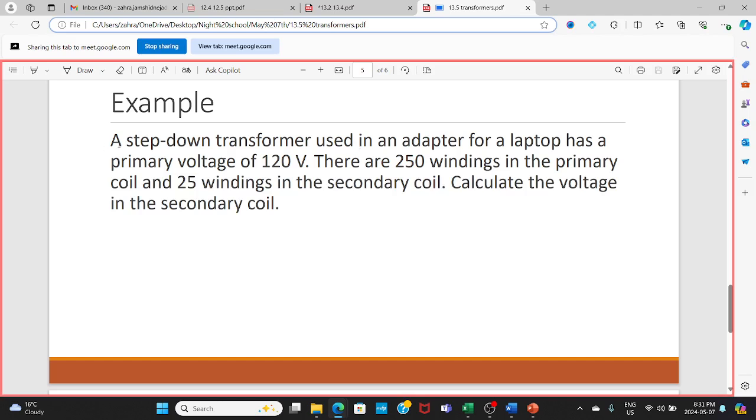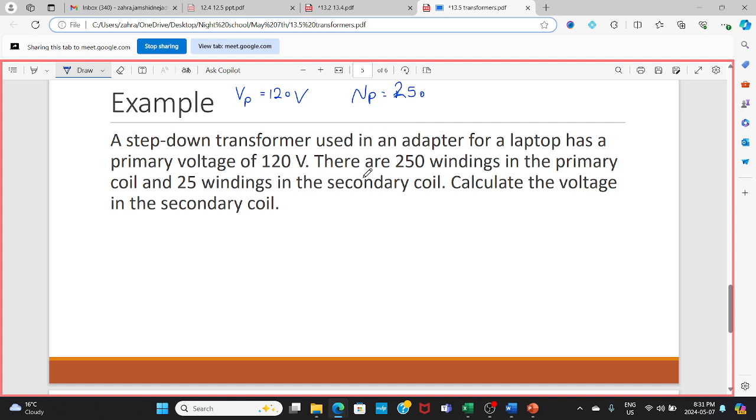Now, a step down transformer used in an adapter for a laptop has a primary voltage, so V of P is 120 volts. There are 250 windings in the primary, so N of P is 250. Cool.